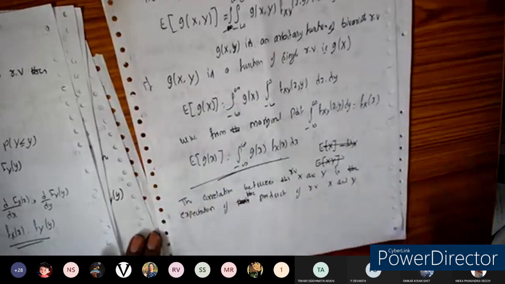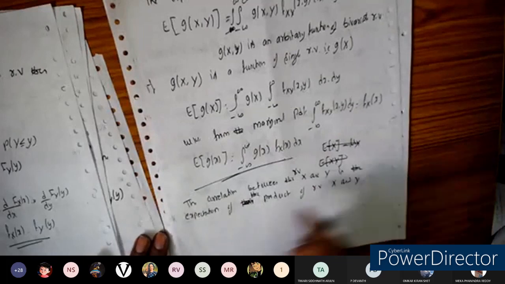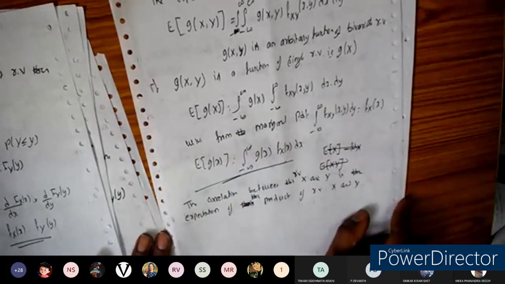Okay, this is a better sentence, I guess. So the correlation between the random variables x and y is the expectation of the product of the random variables x and y.